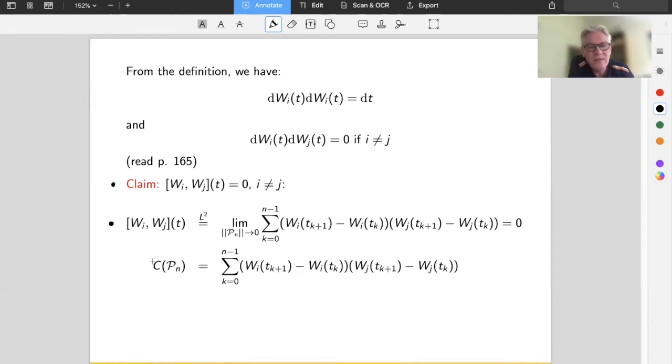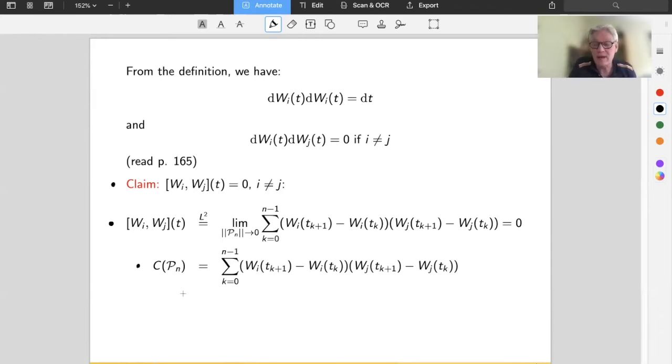This sum here we denote by C_Pn, where C stands for correlation: the sum, k runs from 0 to n minus 1, of Wi(t_{k+1}) minus Wi(t_k) times Wj(t_{k+1}) minus Wj(t_k).